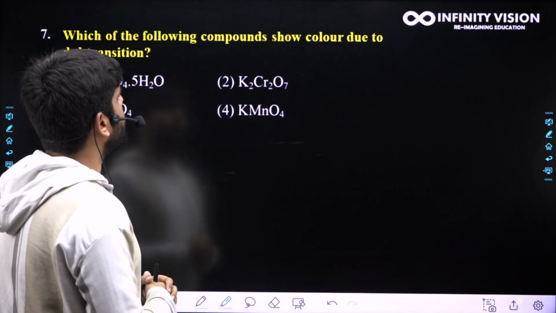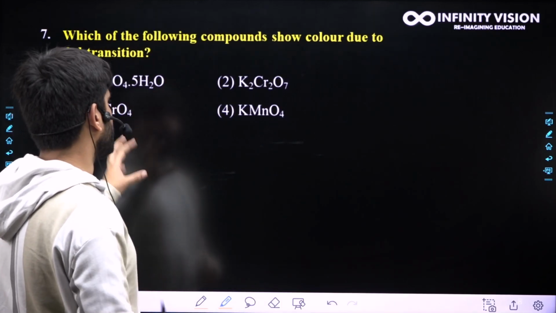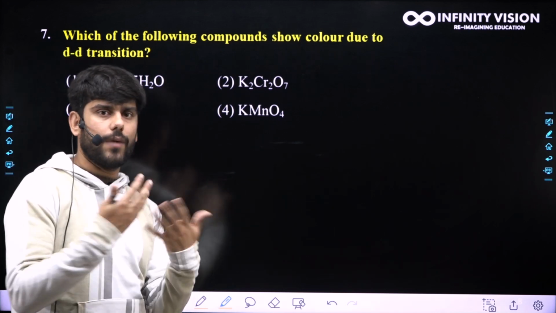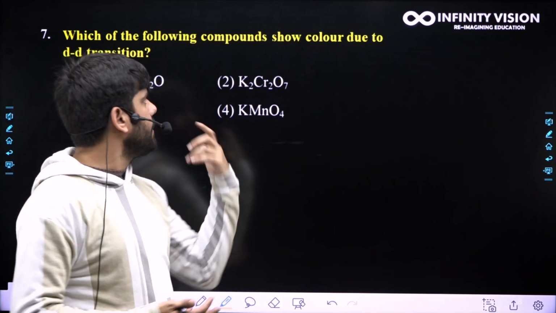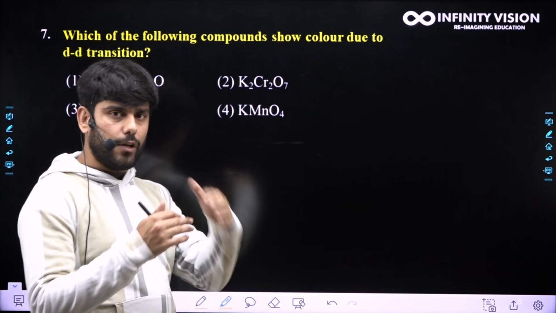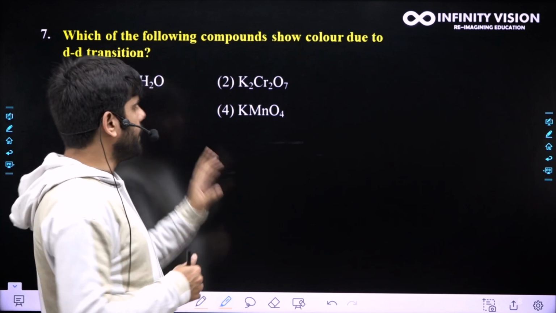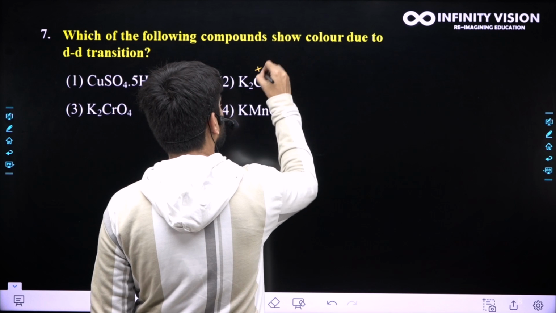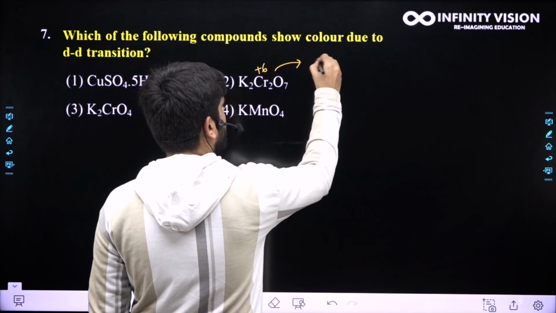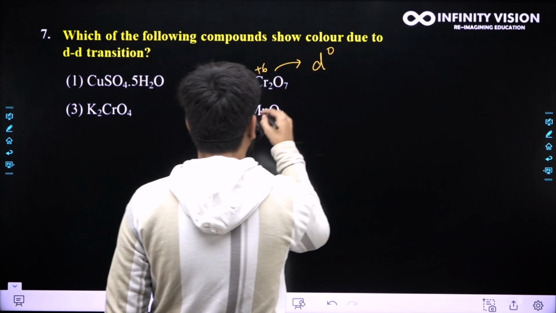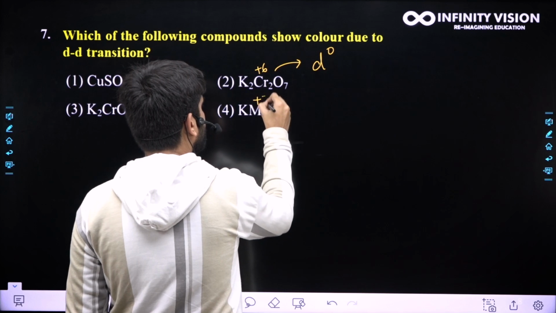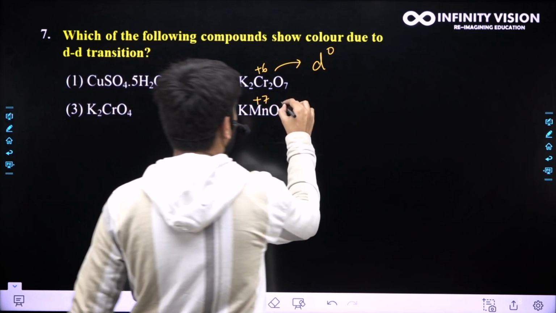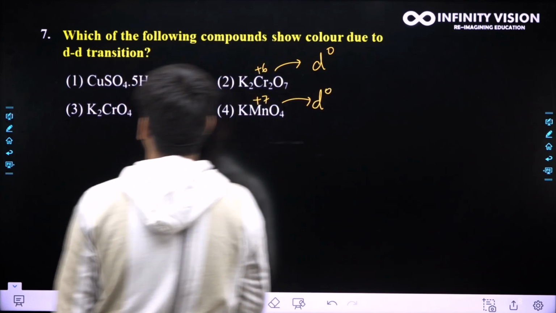Which of the following compounds show color due to d-d transition? All right, if there is an unpaired electron, that electron in the d orbital is capable of undergoing d-d transition. Let us see. We see potassium dichromate, chromium is in +6 oxidation state, and the configuration is d0. Potassium permanganate, manganese is in +7 oxidation state, again it is a d0 system.